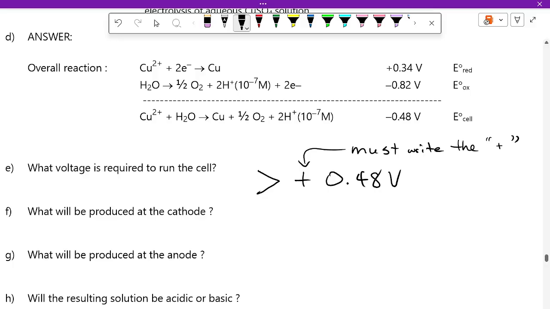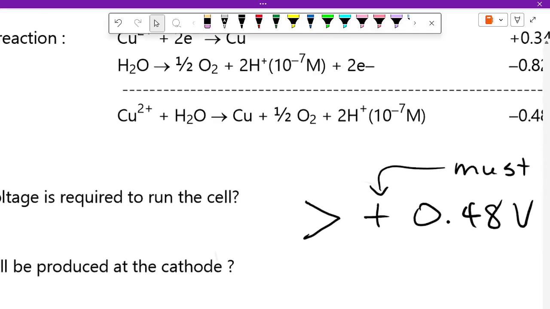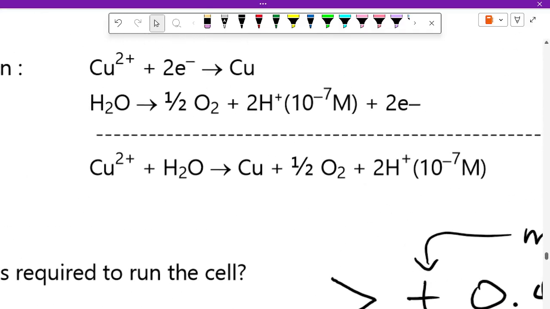What will be produced at the cathode? You got two choices.